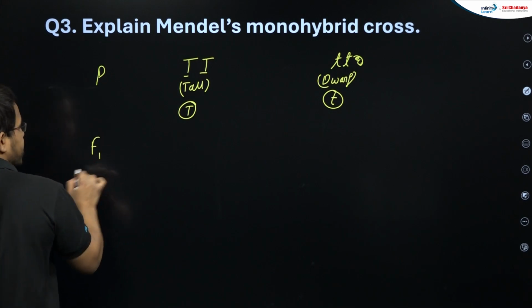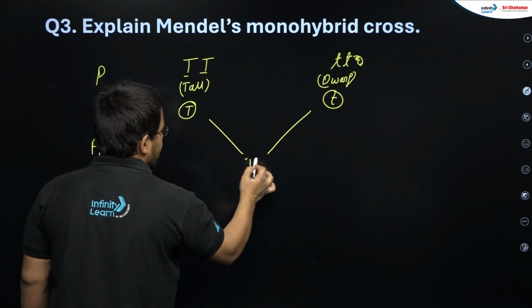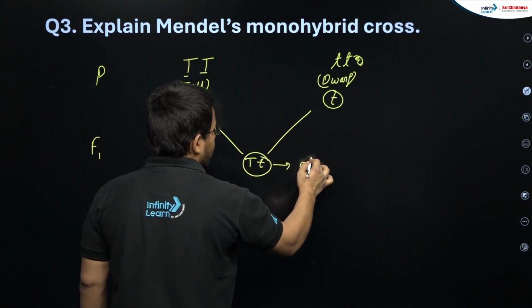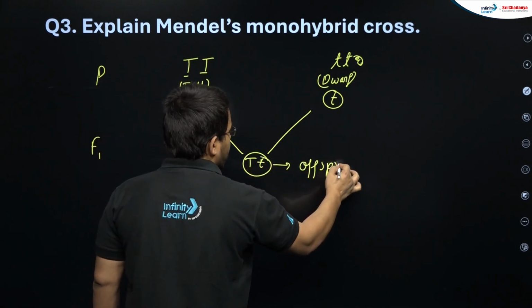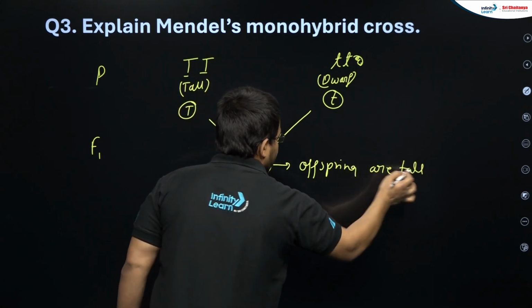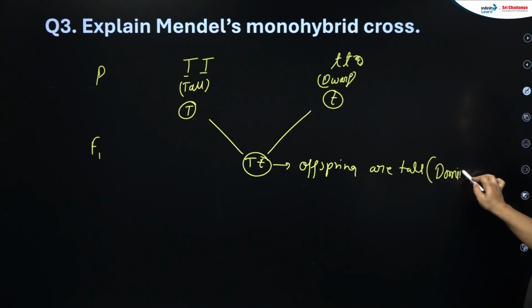So students, when the F1 generation comes, both will fuse and make capital T small t. Here all the offspring are going to be tall, or you can say having the dominant trait.